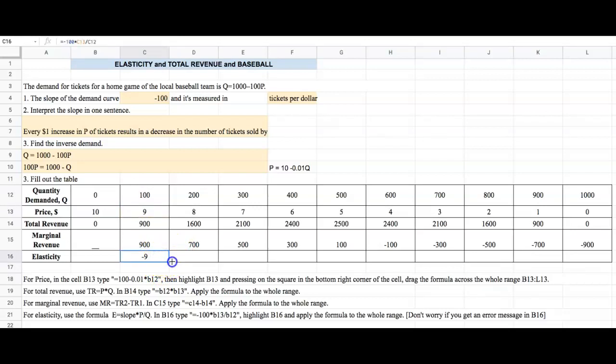So negative 100 times 9 divided by 100, expand it all the way. And I'm deliberately skipping the first number because in that first cell, if you calculate it using that formula, it will show you an error because you're dividing by 0. The quantity that corresponds to the first column is 0, so elasticity cannot be defined.